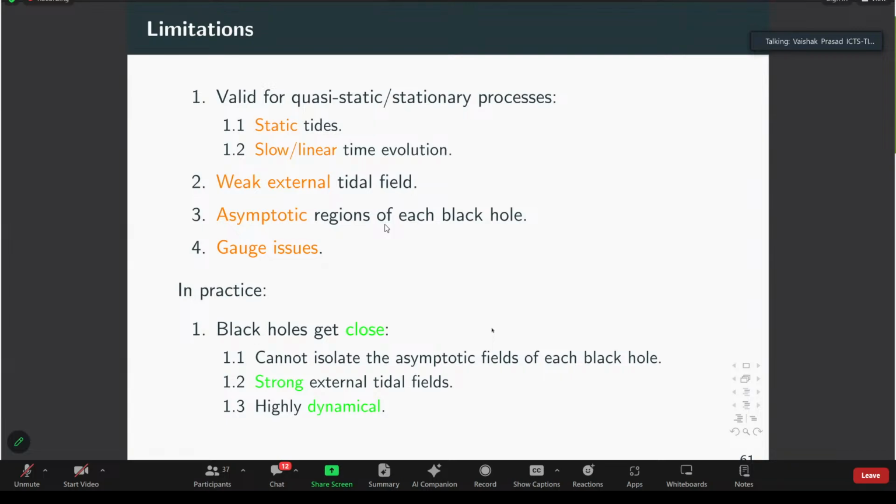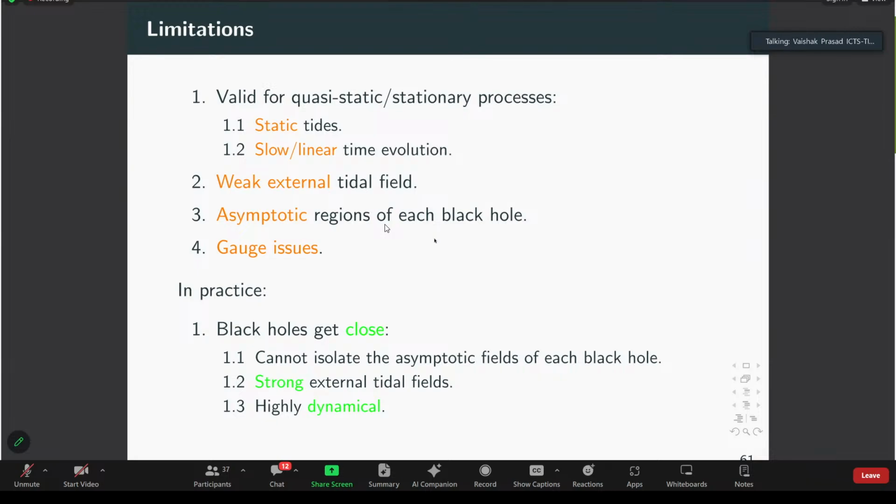They come into mutual strong field regions, which means you can no longer associate an asymptotically flat region to each of the two black holes. In order to do a perturbative study, you need access to the asymptotic regions of each black hole. You need to be able to differentiate between the contribution of the gravitational field of the first black hole and the second black hole to the total field at infinity. Such a treatment becomes impossible when the two black holes close in.